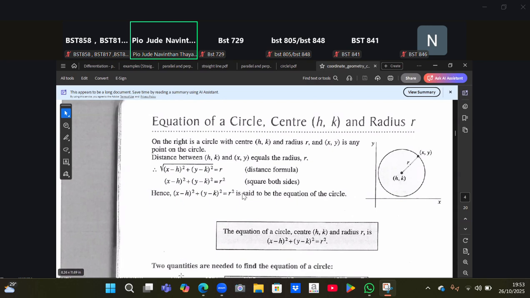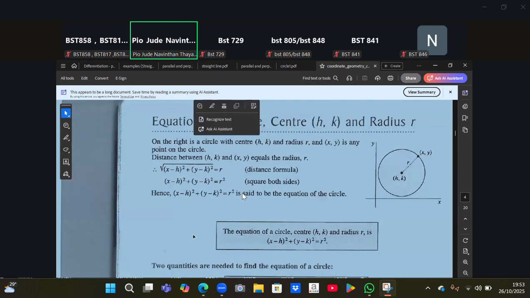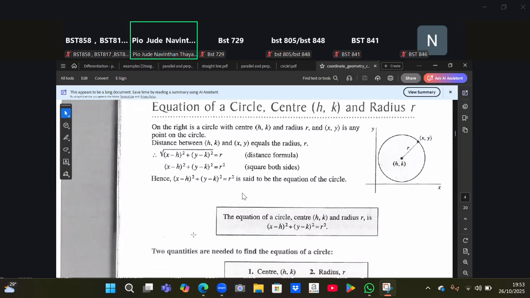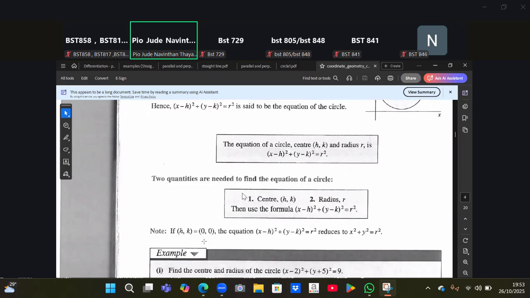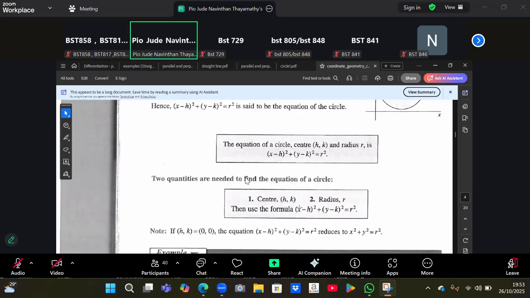Now we can go for the questions. Here the center is (h, k), radius is r. Very clear notes, right?